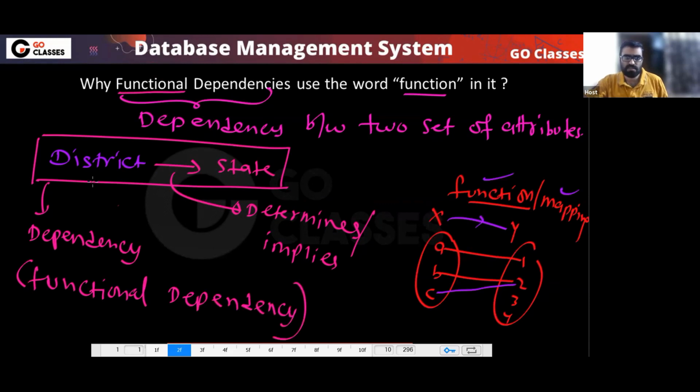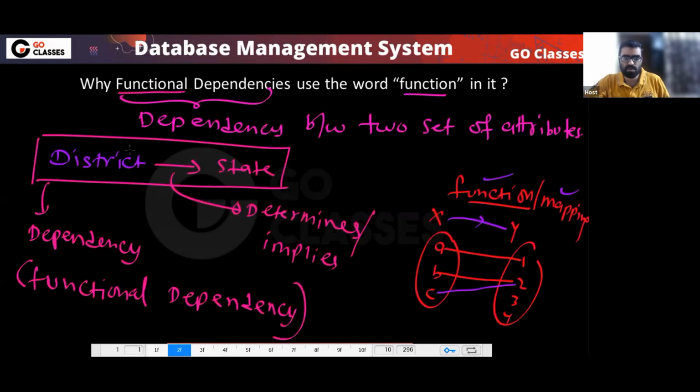Because you can notice we can map only to one value. Okay, so you can notice why we use this word function, because any value that you take here, you can map to only one value here, yes or no? So you can very easily see that this is a function.